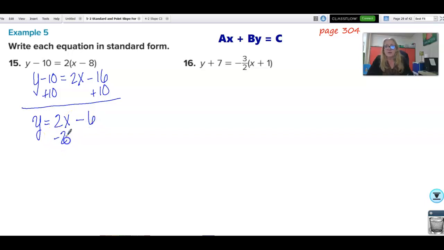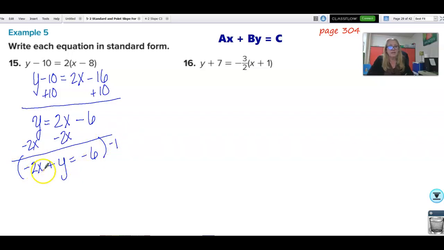Then I'm going to subtract 2x from both sides, and it gives me negative 2x plus y equals negative 6. But remember, I said A, or the coefficient of x, cannot be negative. So what we're going to do here is multiply every single term in this equation by negative 1 to make x positive.